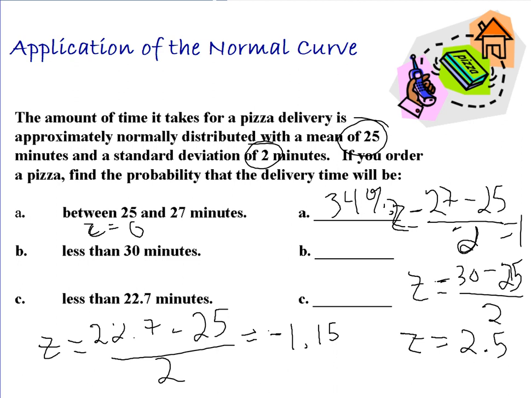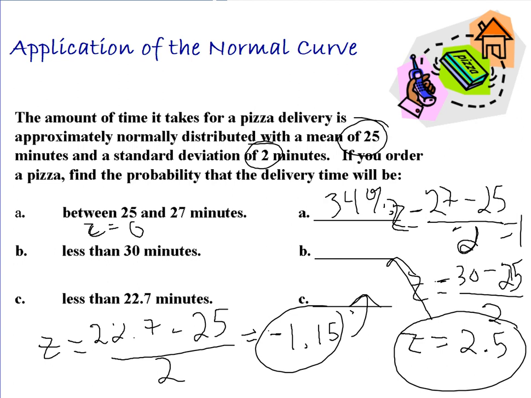Again, I don't have the z-table, but if you were to look that up directly, that is to the left. I bet that's something pretty small, like maybe 20%, 10%, or something like that. But you are definitely going to have to look up the z-score and area for part B and part C, because those are not whole number z-scores.